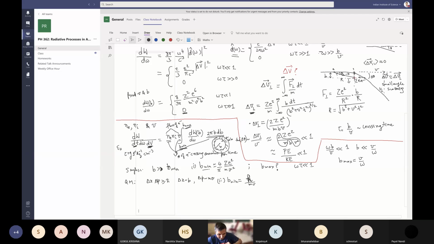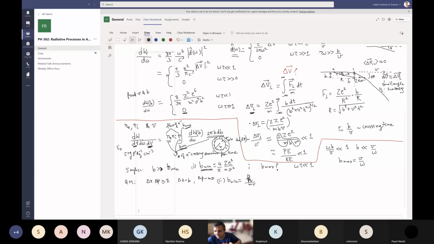One is the classical value. If your B is less than this, your small angle scattering formula breaks down. This is when the scattering is no longer small angle scattering, so the treatment that we are doing right now breaks down. The other is quantum mechanical. If B is smaller than this, then the classical treatment breaks down. Basically, the particles are quite close, and you have to worry about the uncertainty principle.